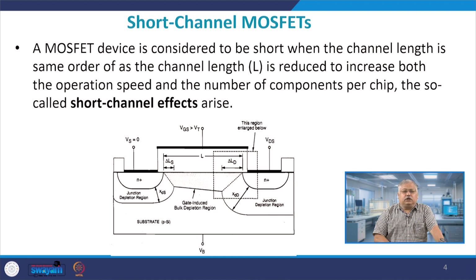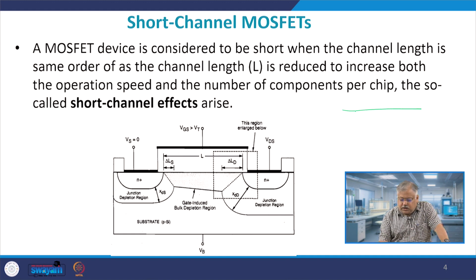Now, let us look at the short channel effect. So, what was the idea here is that when you reduce the channel length and it becomes very small, we define that as the short channel length. I will show you how it works out.